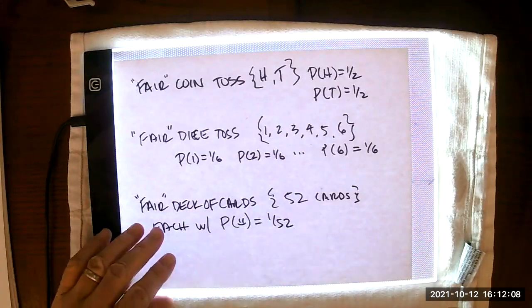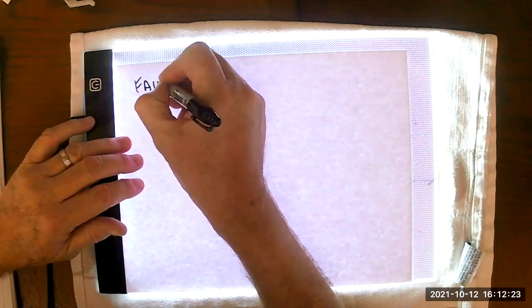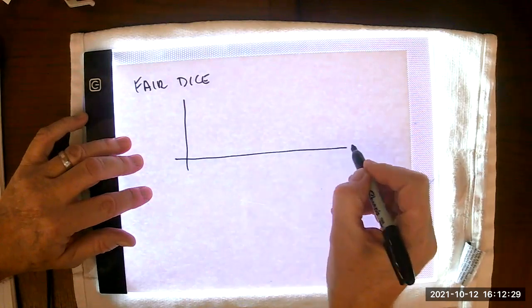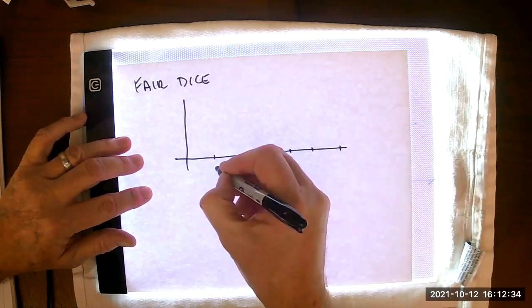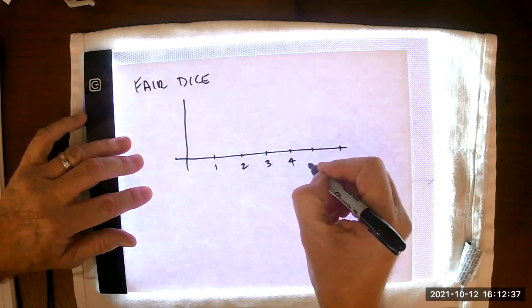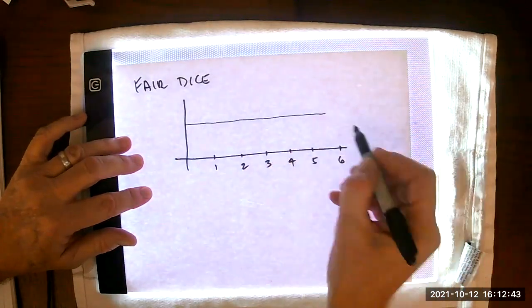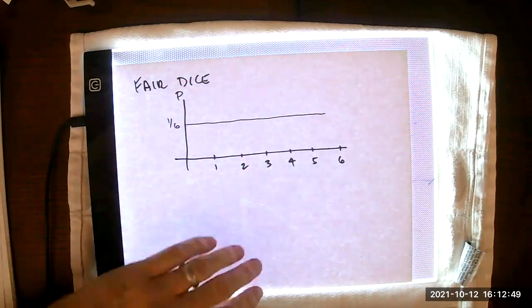And I'm going to take a look at the dice example. I want to draw a particular sort of picture. I'm going to draw a graph of the probability distribution for fair dice. So the vertical axis is probability.